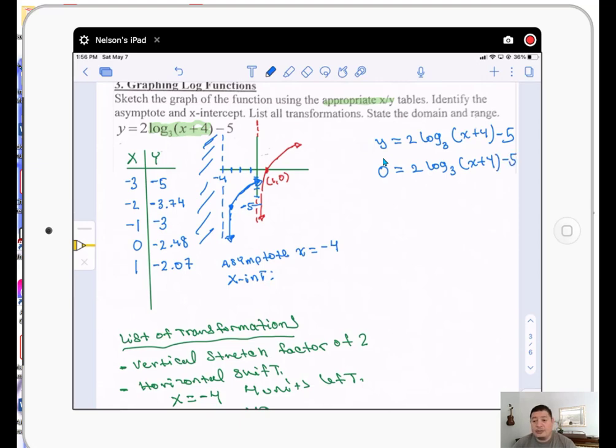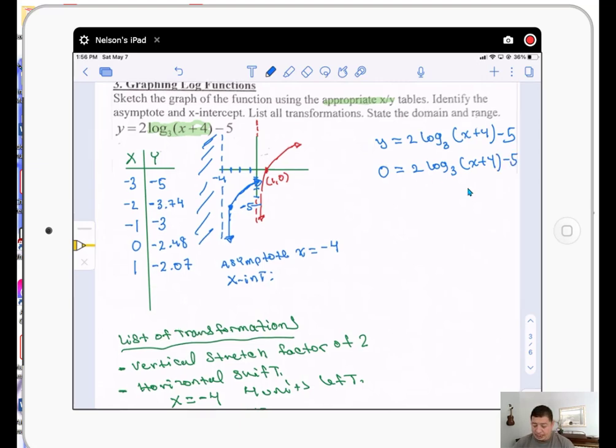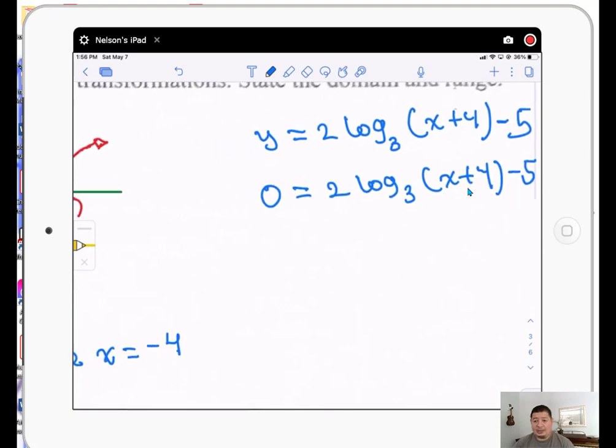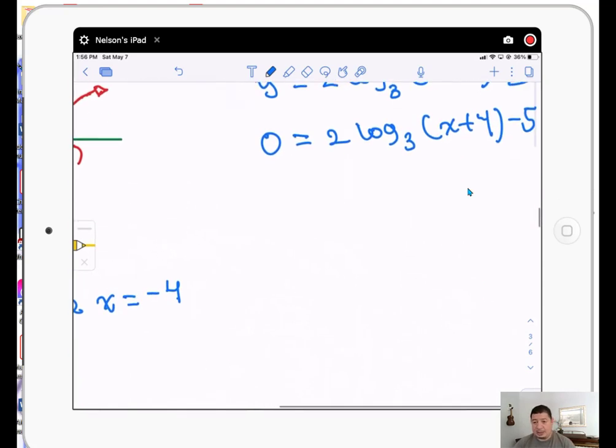And then I need to follow the properties of algebra, right? Addition, subtraction, multiplication, and division. So I need to get rid of this 5 first. So I'm going to introduce the addition property of equality. So 5 is equal to 2 log 3 x plus 4. All right, added 5 on both sides.